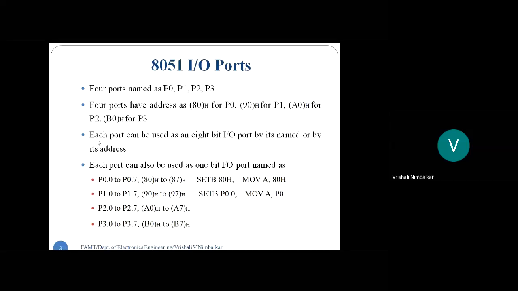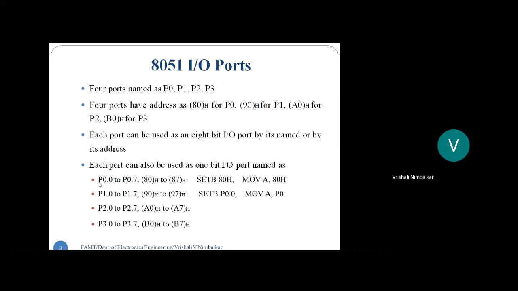Now, each port is of 8 bits. So I can use that port as 8 bits, or else I can use it as 1 bit also. When I write port 0, the microcontroller understands that it's an 8 bit operation. Whereas if I want to use it as 1 bit, I can use P0.0, P0.1, P0.2 up to P0.7.